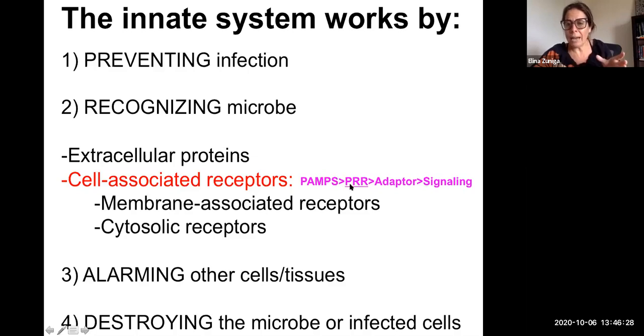The ligands of the pathogen recognition receptors are called PAMPs, or pathogen-associated molecular patterns, and I will teach more about them.